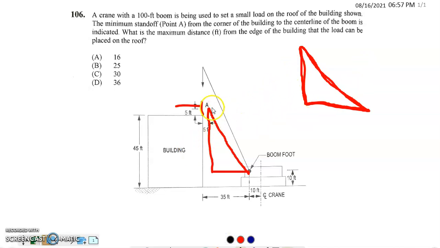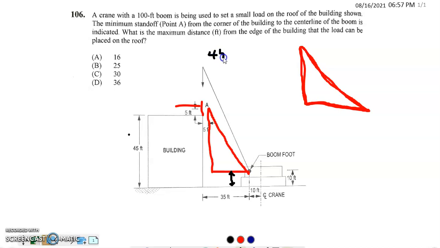From point A, we have 45 on this side, and we have the 10 feet. The base is a little bit up, so we have to say 45 minus 10 feet.